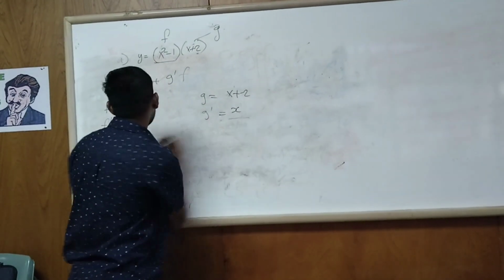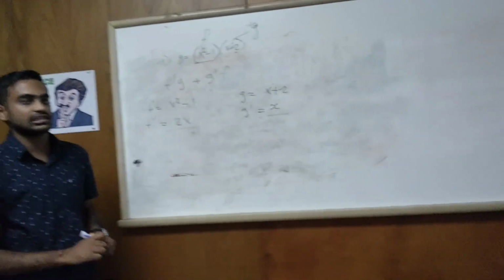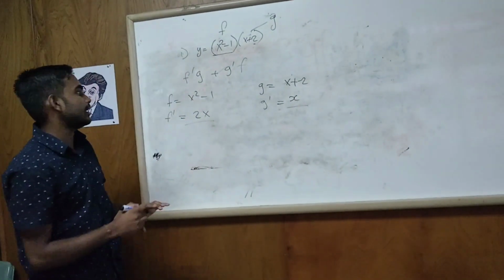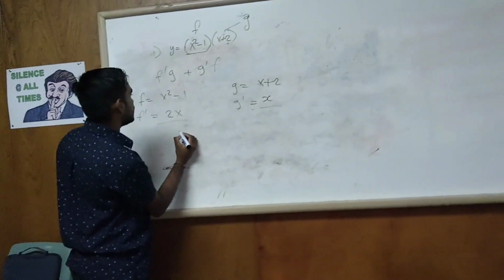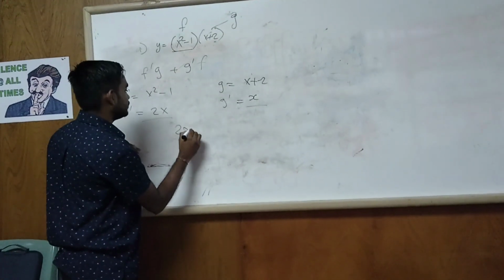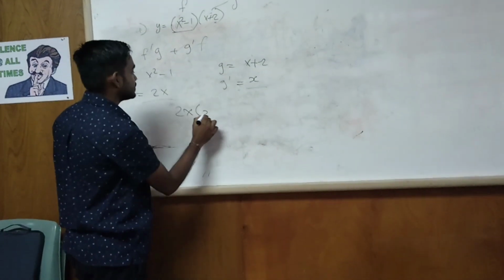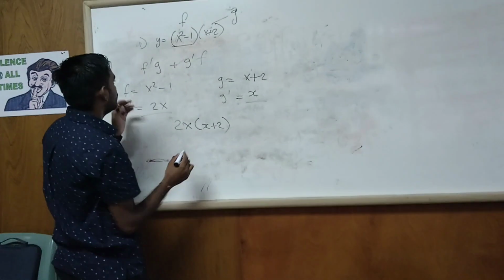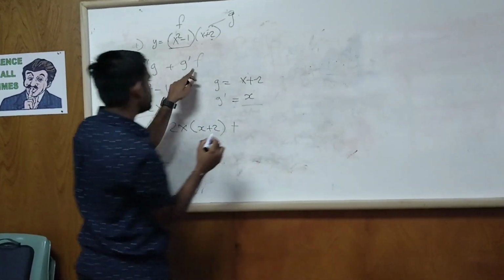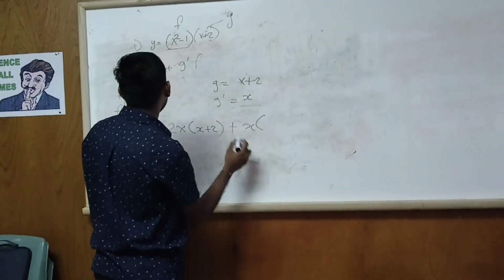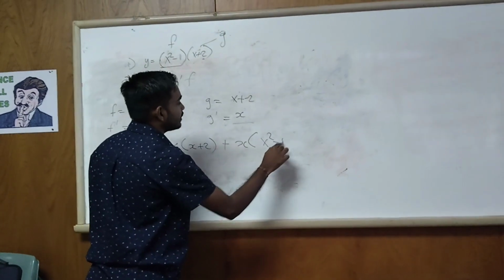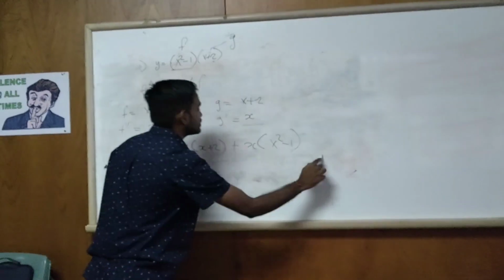So this is our f dash and g dash. Let's plug into this formula. So f dash is 2x multiplied by g, x plus 2, and plus g dash, which is 1, multiplied by f, which is x squared minus 1. You can leave your answer as it is.